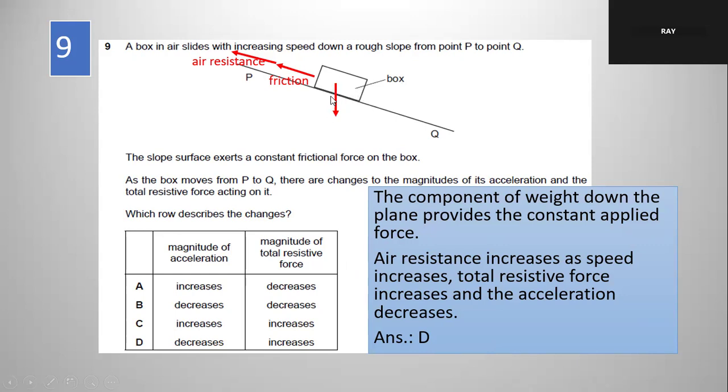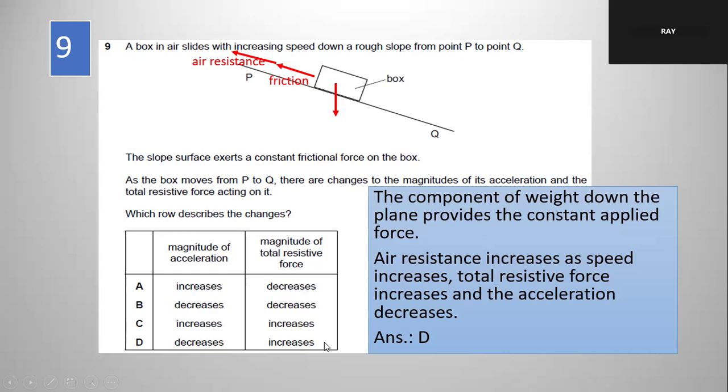X is a component of W, so it's constant. But this one is increasing. So the resultant force is X minus F minus air resistance. Component of weight down the plane provides a constant force. So as this increases, the resultant force decreases. The acceleration decreases also.